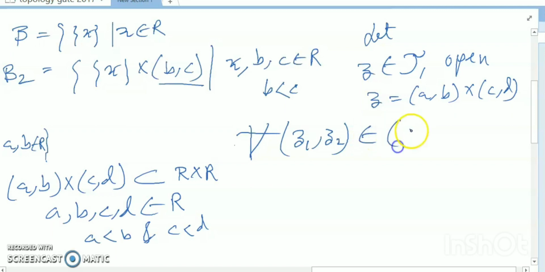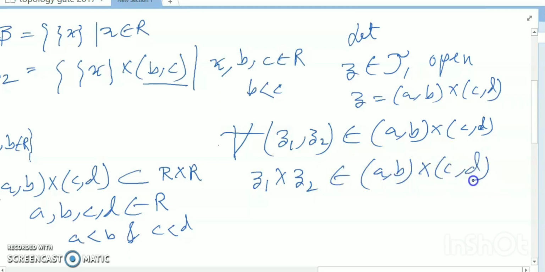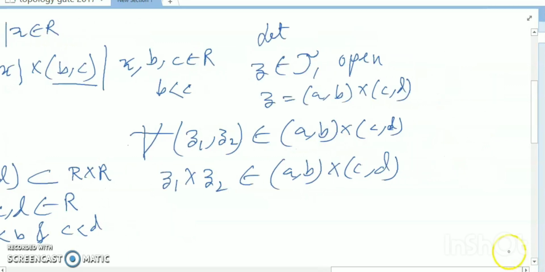Z1 comma Z2 is equal to A comma B and C comma D, and Z1 cross Z2 belongs to A comma B cross C comma D. Okay.